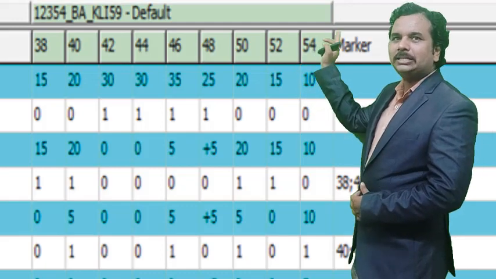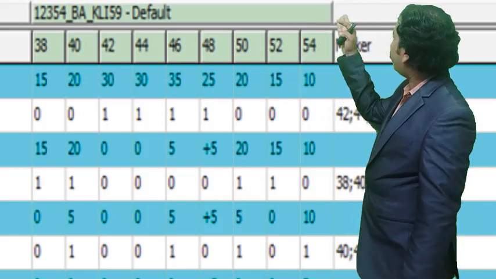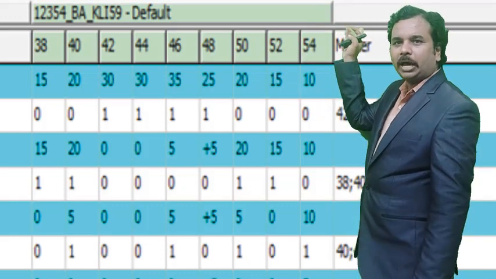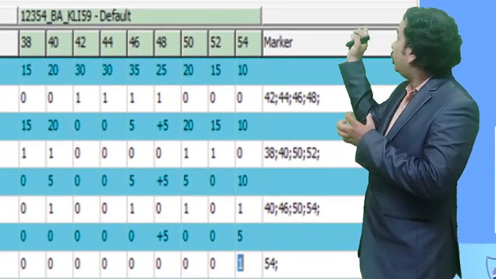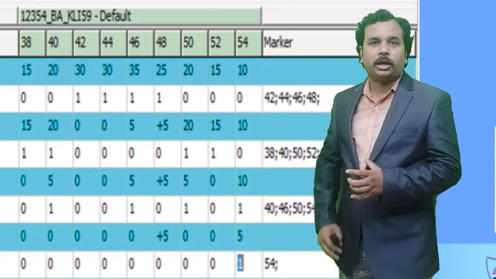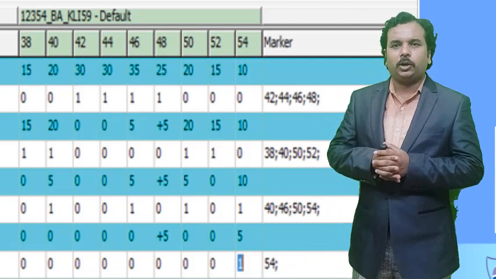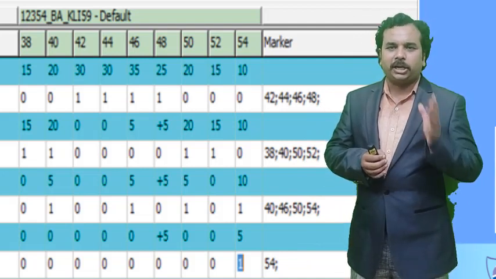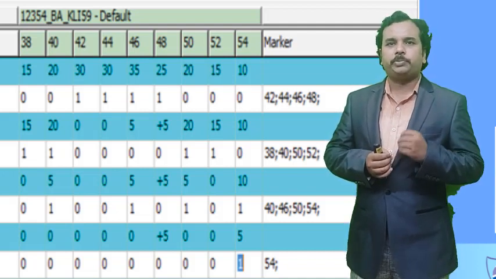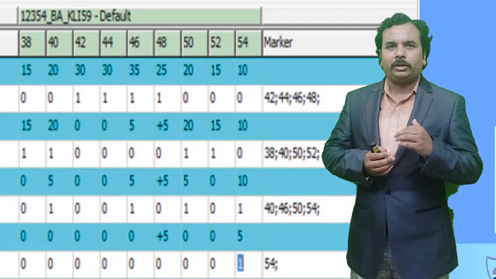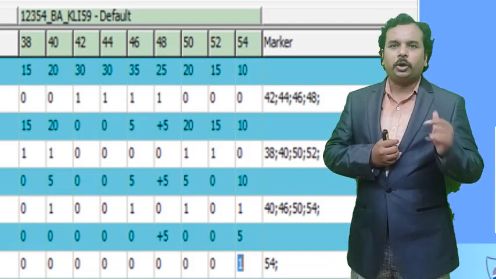So what does the marker consist of? You can observe how many sizes the marker consists of. In the first marker, sizes 42, 44, 46 and 48 are clubbed together to make one marker. Considering the ordered quantities, the minimum is 30 plies, or 30 lays, to be done on the spreading table, and whatever remaining ordered quantity is there is shown in the table.